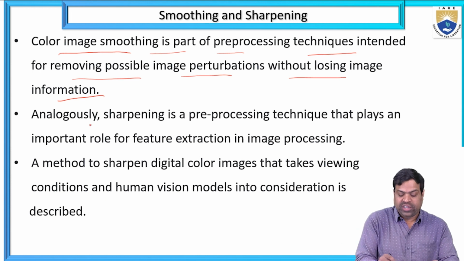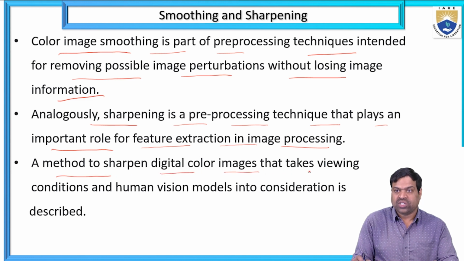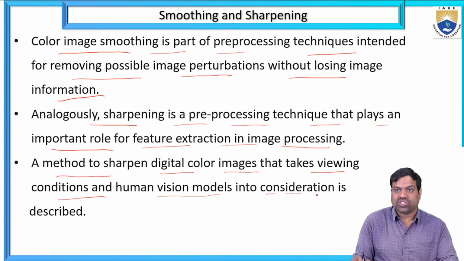Sharpening is a pre-processing technique that plays an important role in feature extraction in image processing, and a method to sharpen digital color images that takes viewing conditions and human vision models into consideration is described.